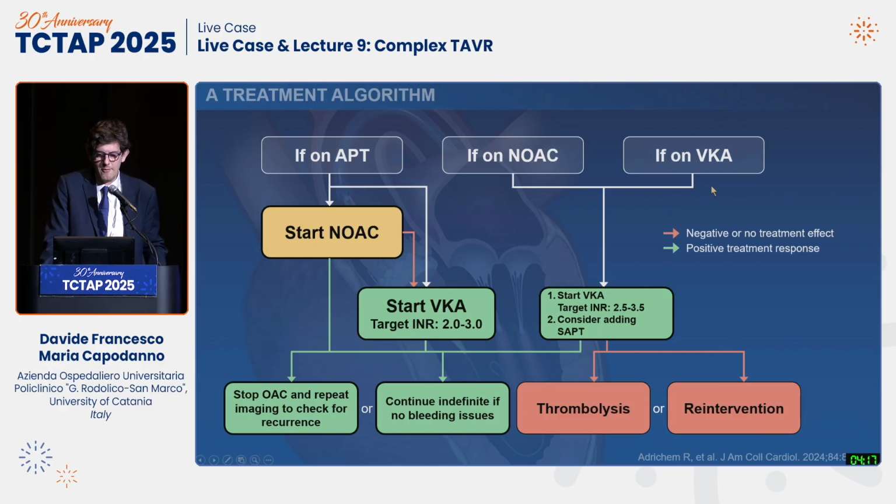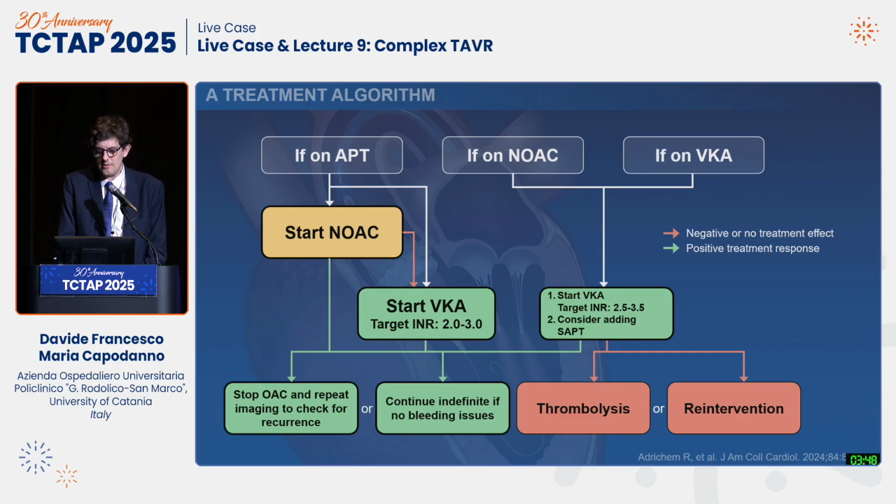Particularly, if we still have thrombus in the setting of NOAC therapy or VKA therapy, the only thing we can do essentially is to increase the intensity of anticoagulation, so go from an INR of 2 to 3 to an INR of 2.5 to 3.5, and there are also considerations on the addition of antiplatelets in order to escalate in this patient and realize a dual pathway inhibition. But of course, we are really going into a data-free zone.